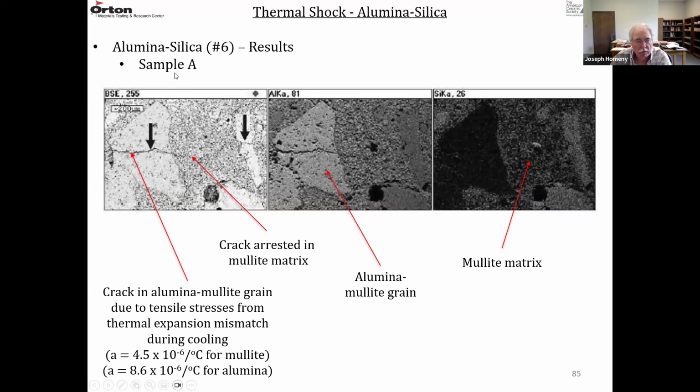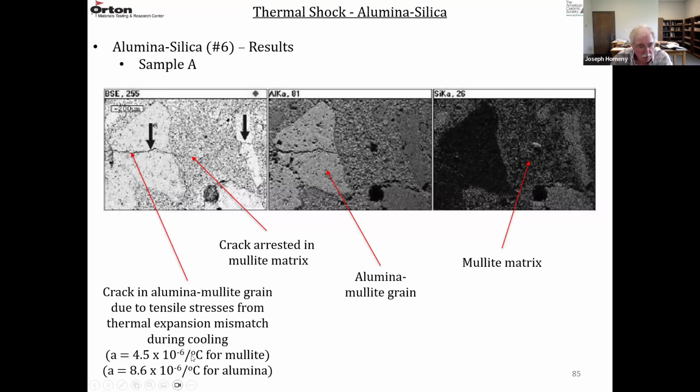So this is sample A. This is a 200 micron bar. These are our coarse aluminum mullite grains in a finer mullite type matrix. There's a crack in an aluminum mullite grain, and that's due to tensile stresses from the thermal expansion mismatch when the material is cooled.